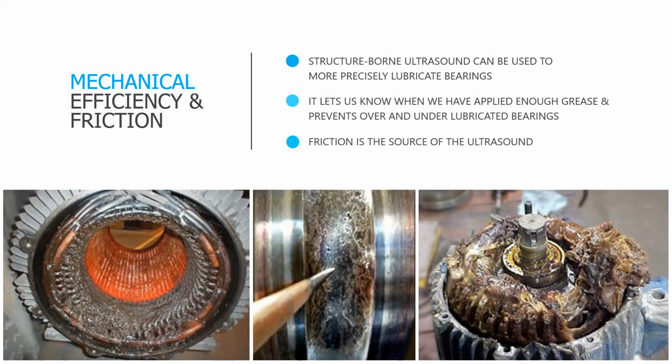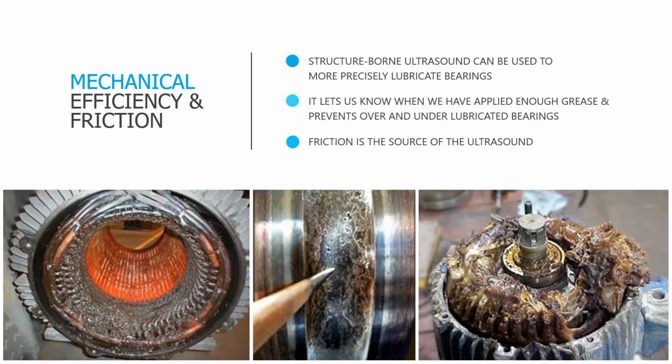So if you look at these bearings here, or let's say this motor here, first of all, both of these motors that are shown were lubricated based off of timed intervals. So the person responsible for greasing these motors didn't intentionally apply more grease than what was needed.